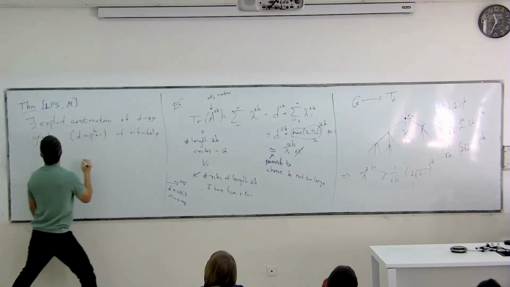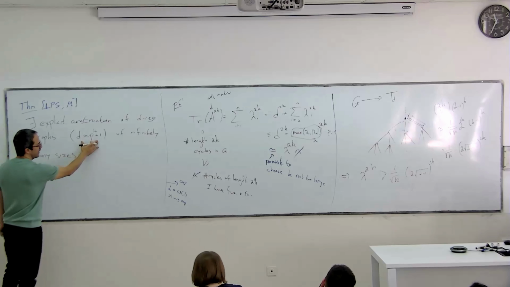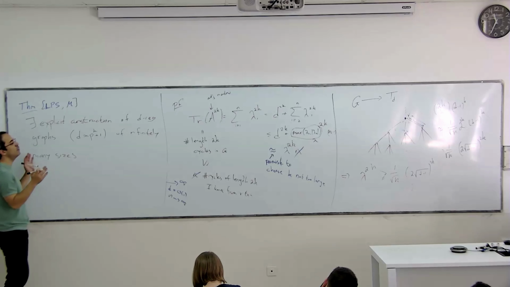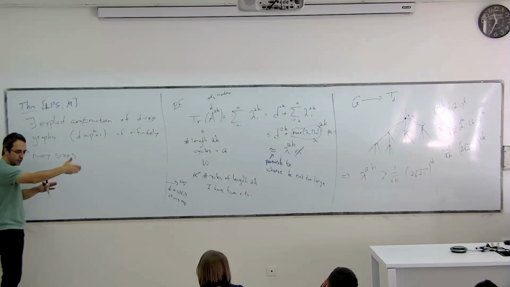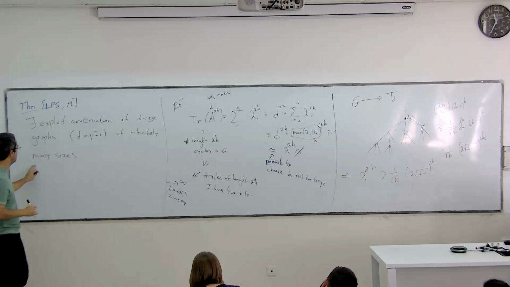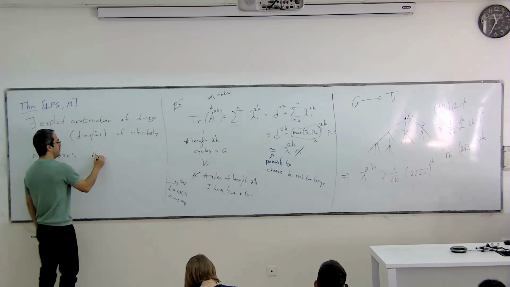Not sure they had any size. It's for every degree which is okay, that's a limitation. But other than that, I don't care. I'm fine with having a graph of every power of 2 number of vertices for every application I have in mind. So that's roughly what they get, of many sizes that achieve this.